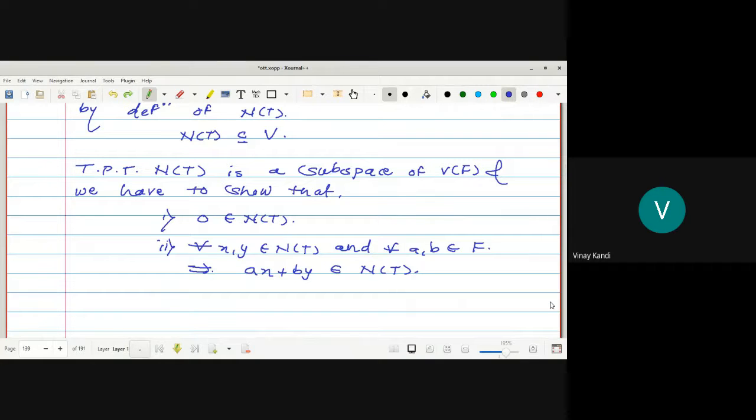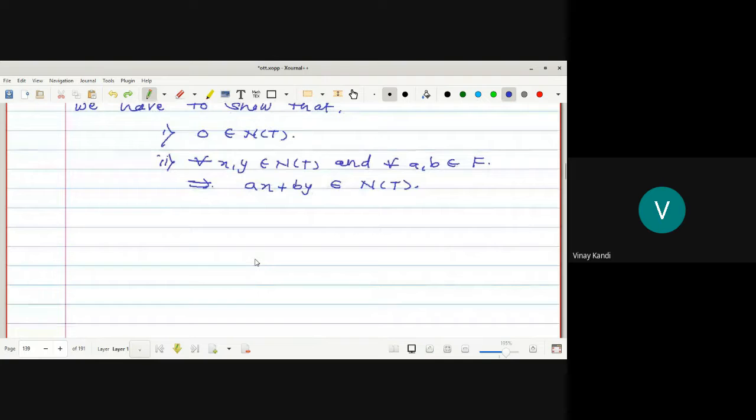Okay. So the first condition: we have to show that 0 belongs to N(T). By the property of a linear transformation, what do we have?